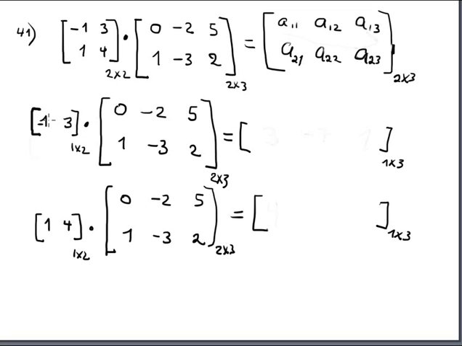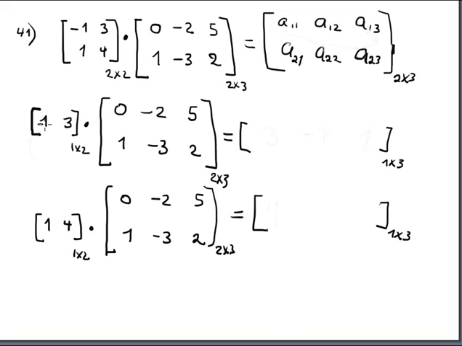Use a new idea: you split the first matrix in two row vectors, and multiply by the entire matrix 2, and the answer would be a row vector, 1 by 3, because it corresponds perfectly with the first and the second row of the final answer.